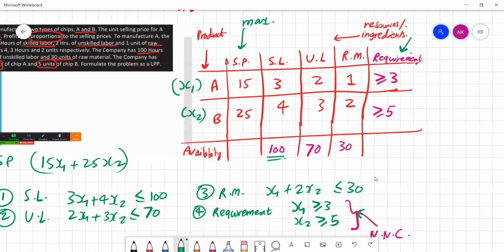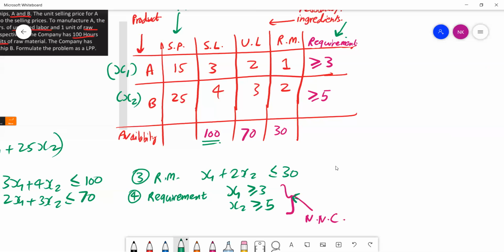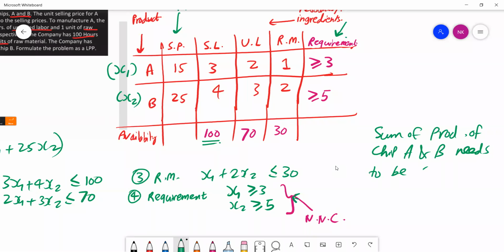But to clarify, suppose it is given that the sum of production of chip A and B needs to be at least 5. Then it means x1 plus x2 must be greater or equal to 5.